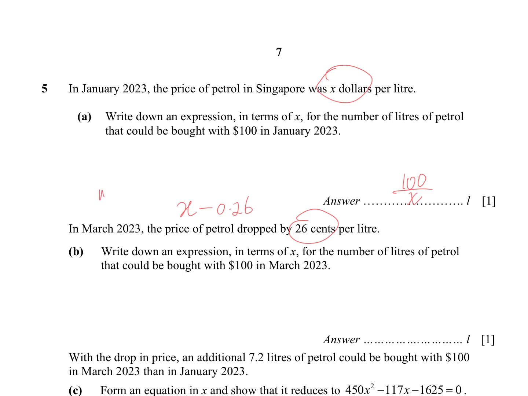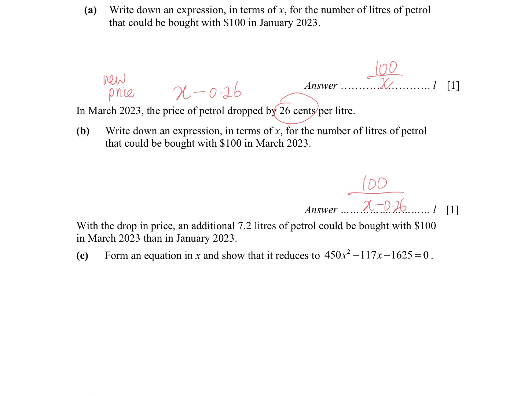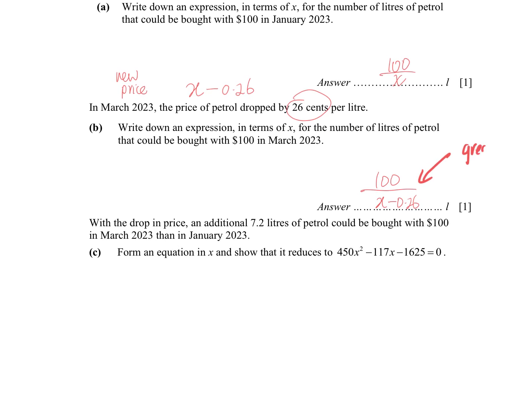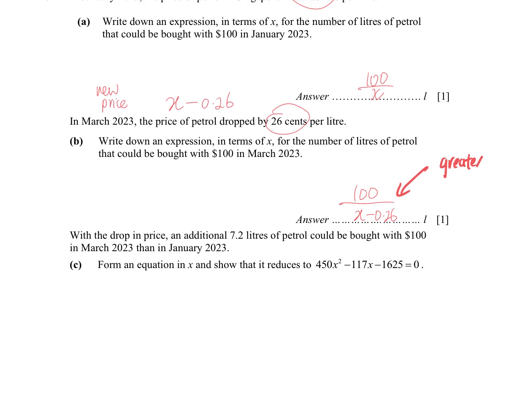So this is the new price. So same thing, same $100, but the petrol price dropped. So this is the expression between the two. Technically, if the petrol price drops, this is a greater number, meaning I should be able to get more petrol with a reduced price. This is the greater one.